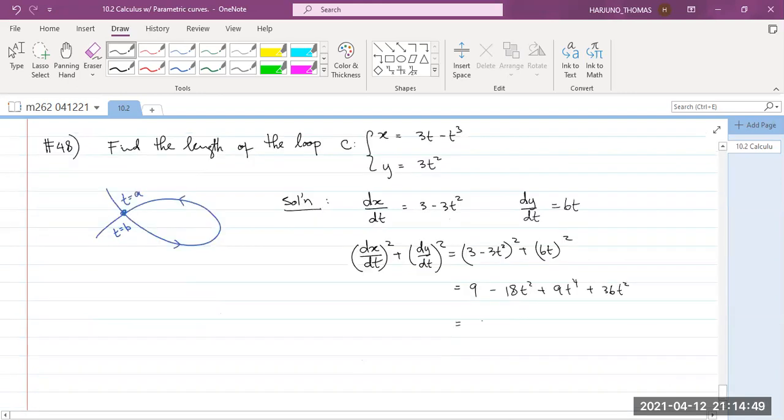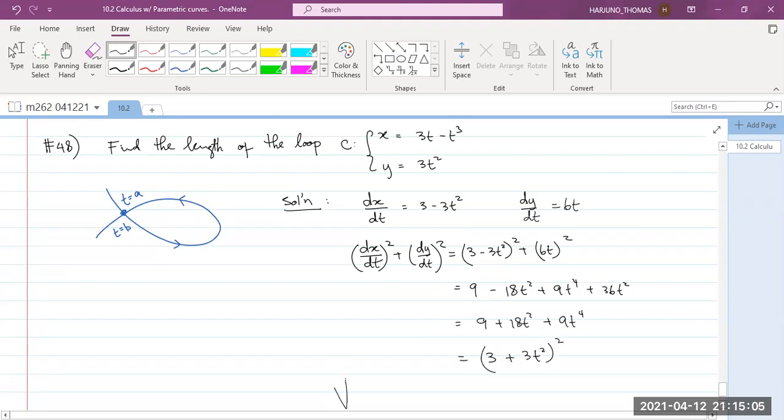That is 9 plus 18t squared plus 9t to the fourth, but that is 3 plus 3t squared, being squared.